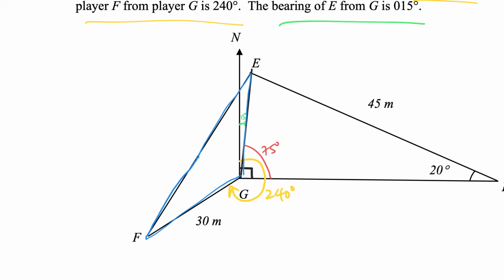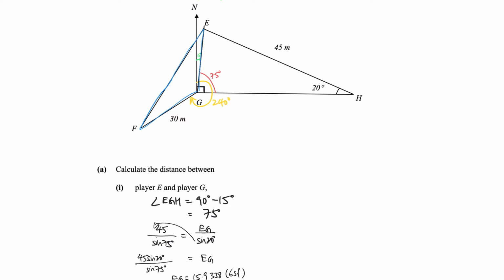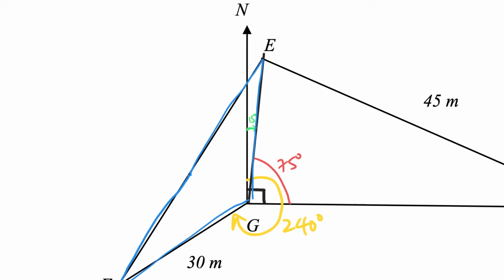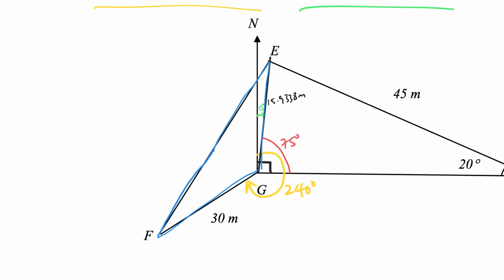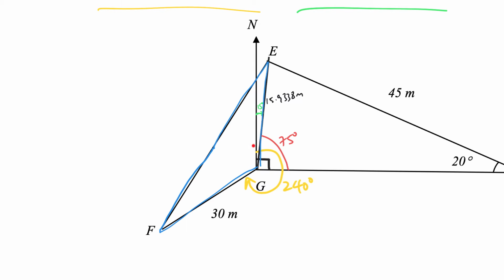And if I can find this angle FGE, then actually I already found EG from the previous part, 15.9338 meters. And I know that this is 30 meters. I know the angle in between, so I can use cosine rule to find EF. But first I need to find this angle all the way here, FGE. And I know this is 15, so actually I can find FGN first. FGN, let's find that first.